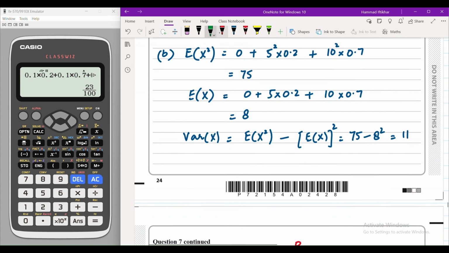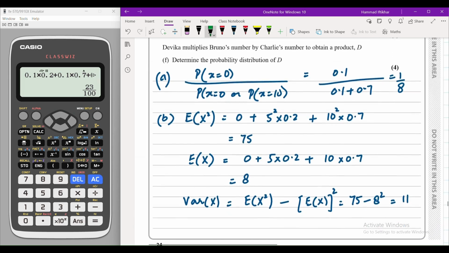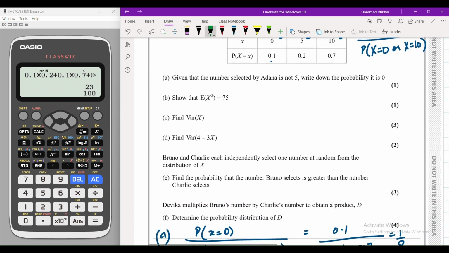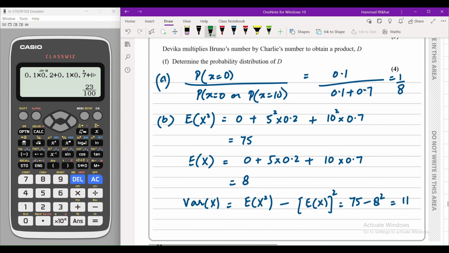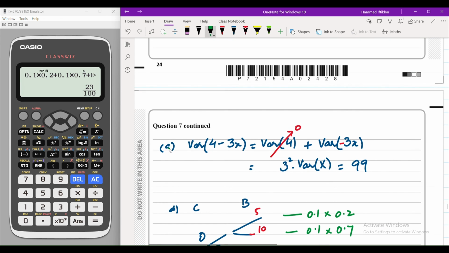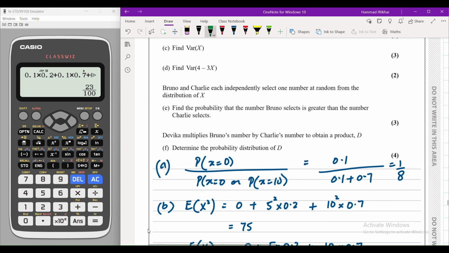Oh, I already did. That was A. E X squared was B. Variance was C. And D is this. And E is this part. Devika multiplies Bruno's number by Charlie's to obtain a product.